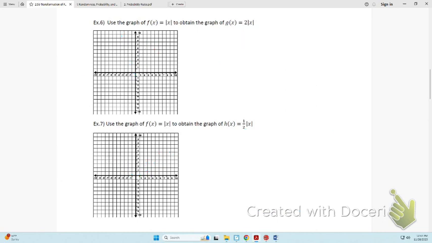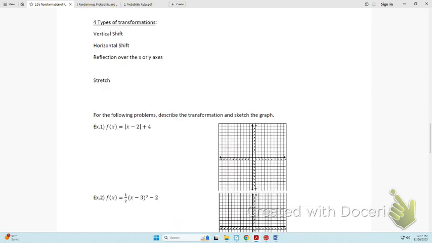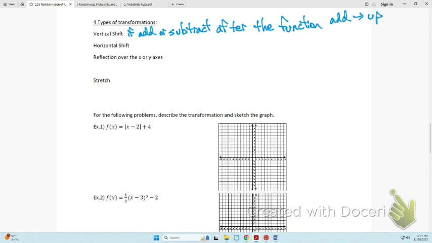All right, let's sum up all of our transformations. There's a vertical shift if we add or subtract after the function, after the math operator. If it adds, it goes up. If it subtracts, it goes down.